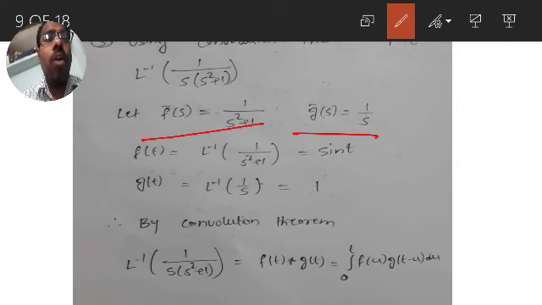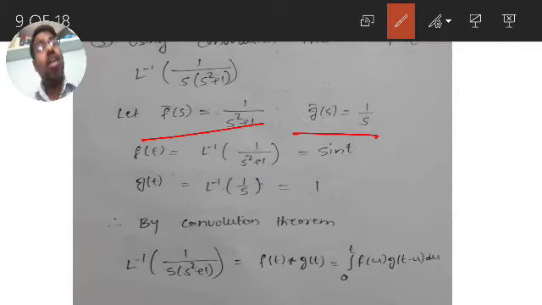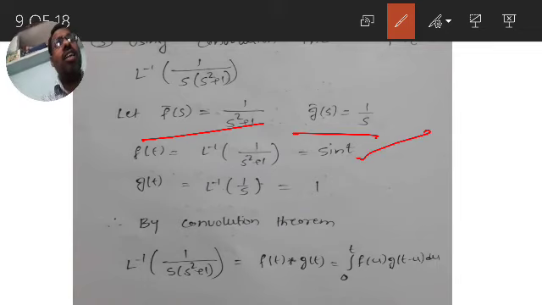L inverse of 1 by s square plus a square is 1 by a sin a t. Here a is equal to 1, therefore 1 by 1 sin t, that is sin t. So f of t is sin t.